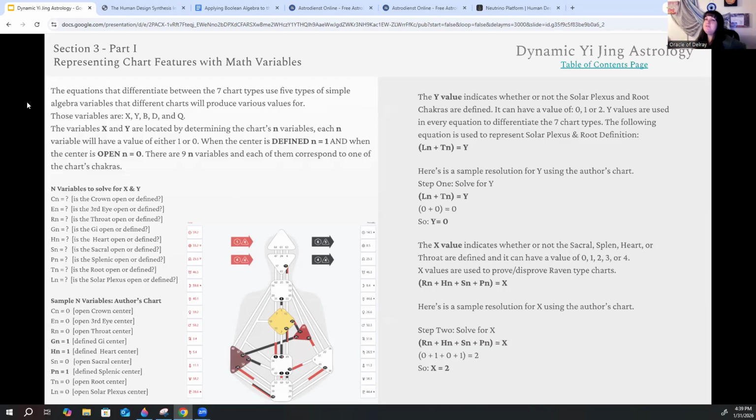There are 5 types of variables that are used to determine the 7 charts: X, Y, B, D, and Q. X and Y are the easiest to find because you just determine the chart's N variable, and N just looks for if the chart is open or if it's defined.